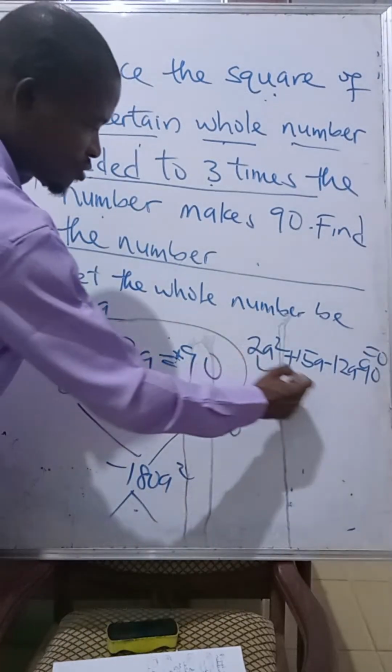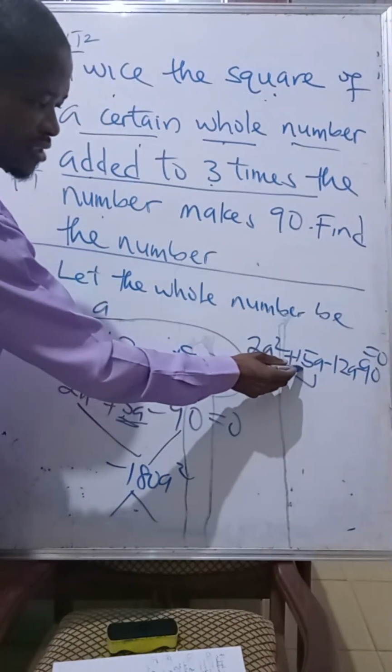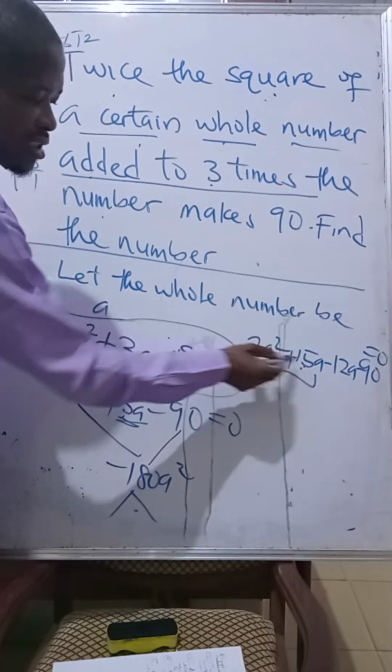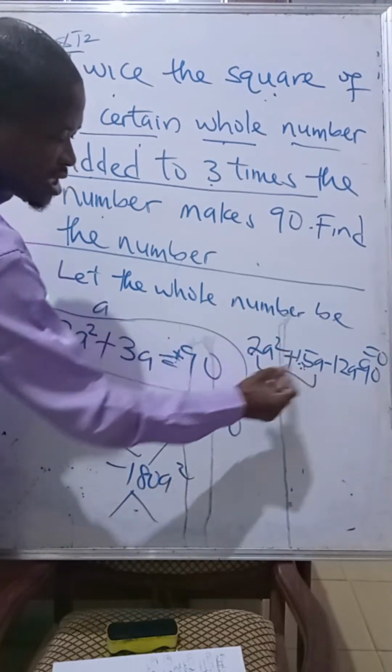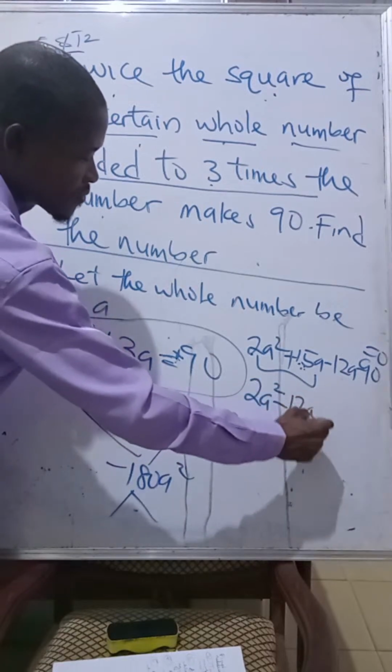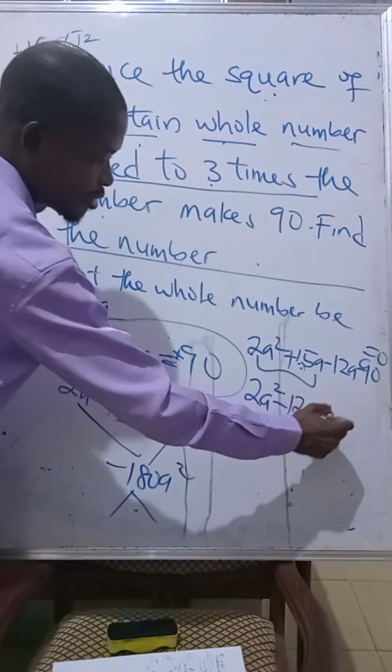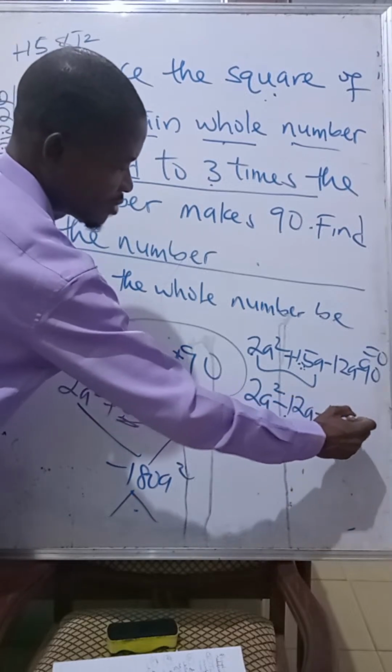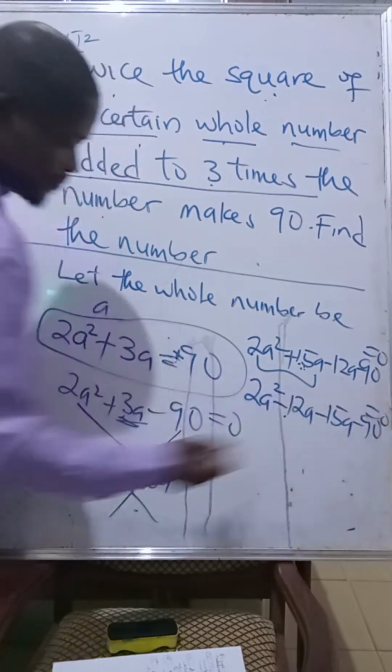So you can pair these together. We are going to make an adjustment here. This is 2, this is 15. So I'm going to change it, and that will be 2a squared minus 12a plus 15a and then minus 90 equal to 0.